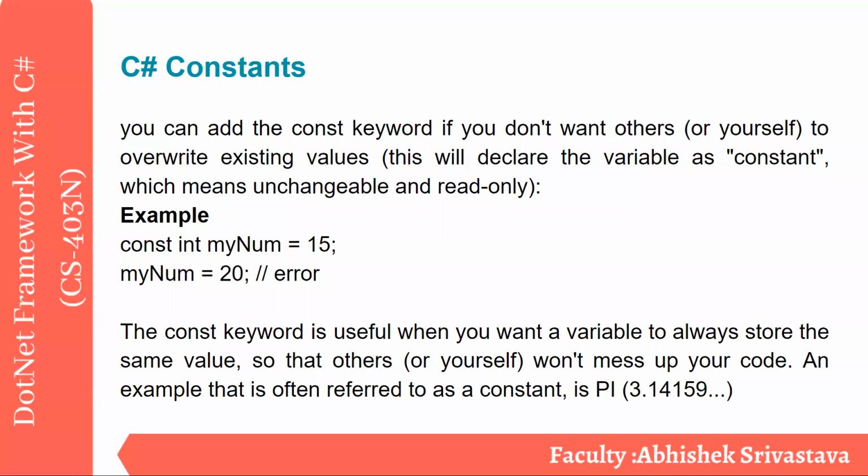But a constant lets you create a constant value that doesn't get overridden. Once you initialize with the const keyword: const, data type, then variable name, then value. If you try to override the existing value, it will give you an error. How Microsoft .NET Visual Studio does this, we will do in the next session.